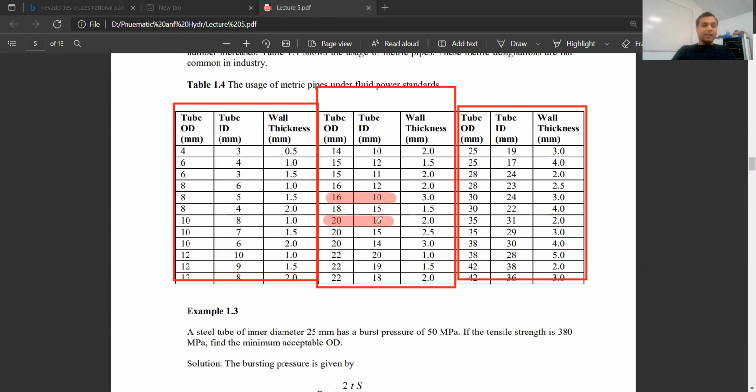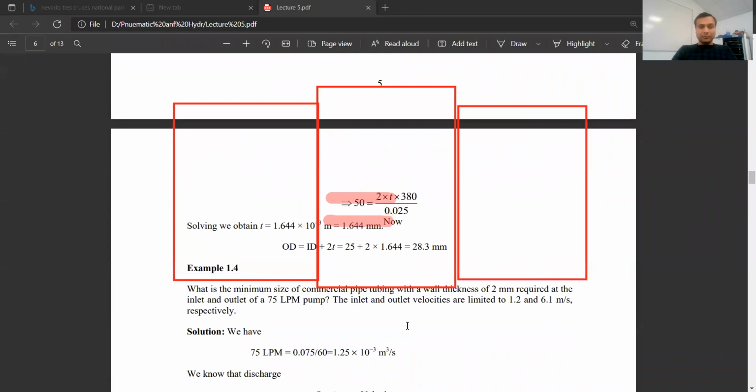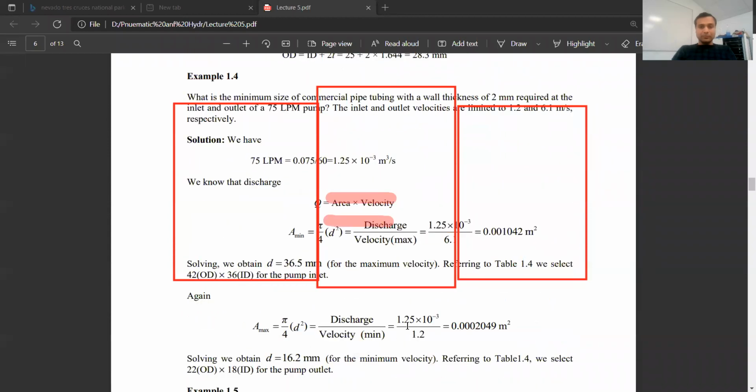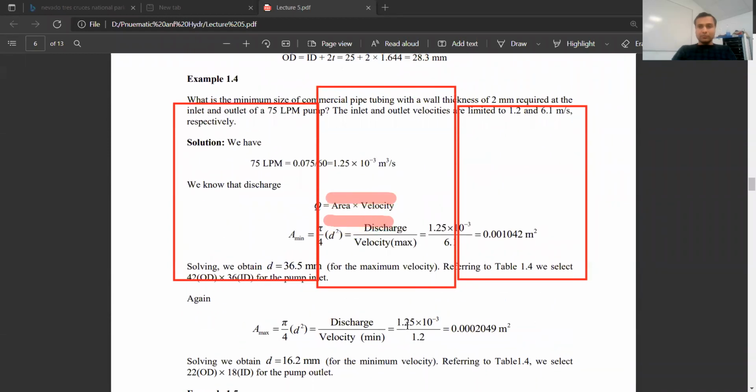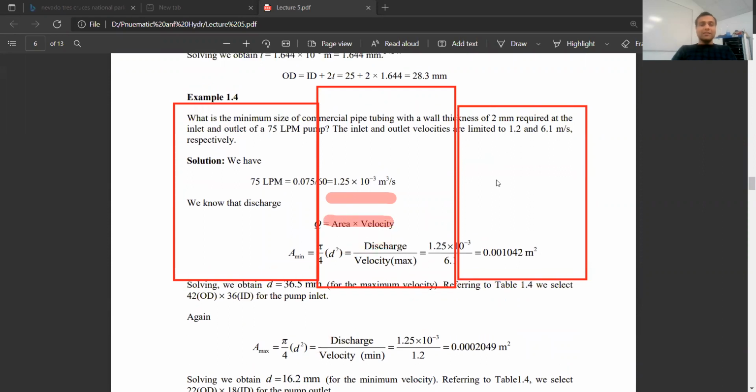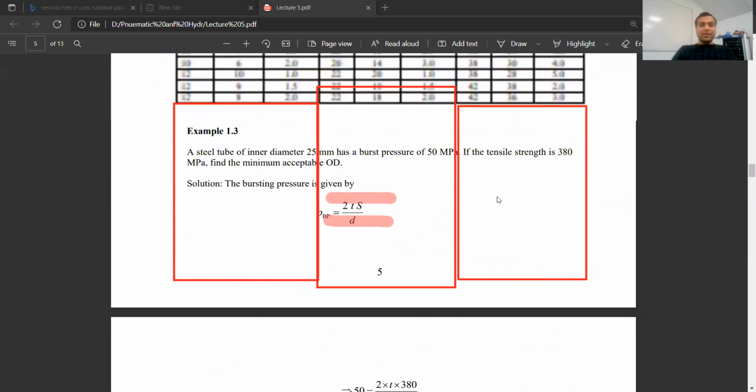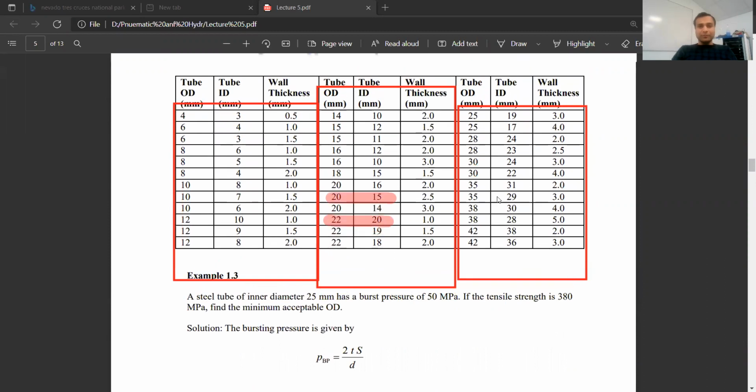But we're looking at 16.2 outer diameter. We also need to have a look at the wall thickness. What was the wall thickness we got here? The wall thickness is 2, so we need to look at the wall thickness of 2.